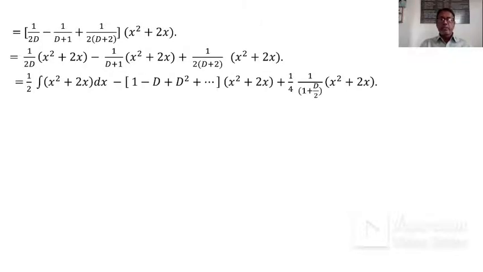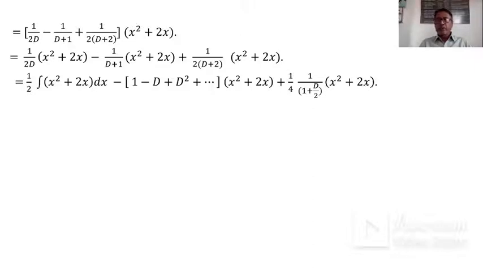Therefore, we get this is equal to 1 upon 2, and 1 upon D means integration of x square plus 2x dx, minus sign as it is, and the expansion of 1 upon (1 plus D) is 1 minus D plus D square minus D cube. I avoid D cube and higher order terms or higher powers, since here the term x square plus 2x, its power is 2 only, means third order derivative of this comes to be 0.